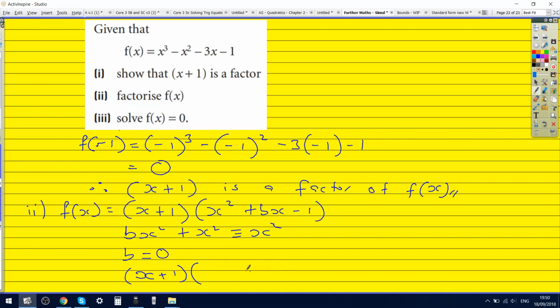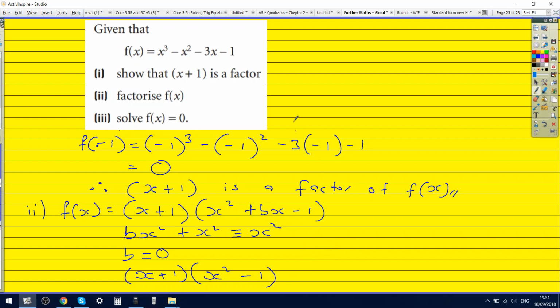Sorry, so it would just have x in the center, so it would be x plus 1, x squared plus x. Is there no bx value? Okay, x squared minus 1. Can you fully factorize that?